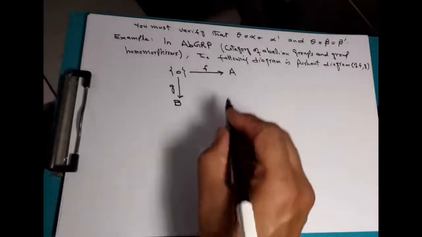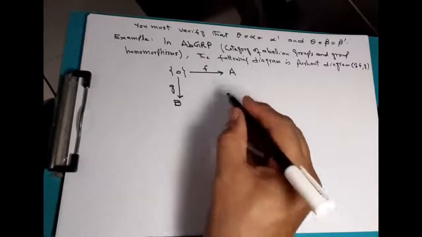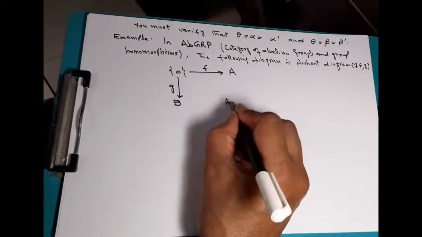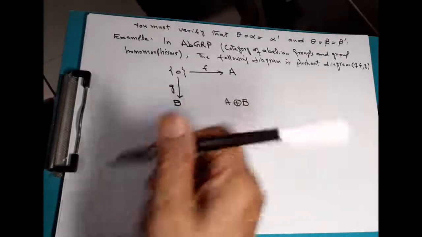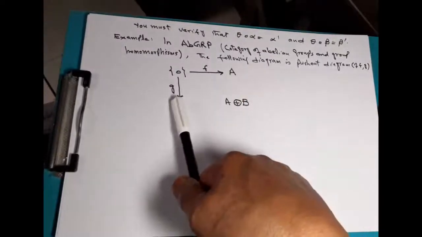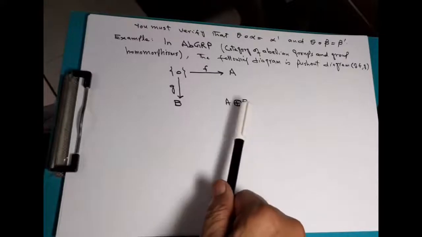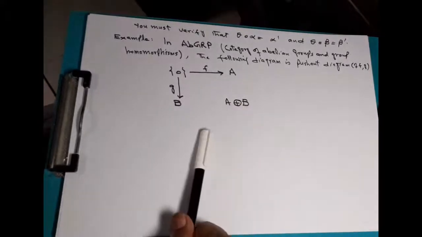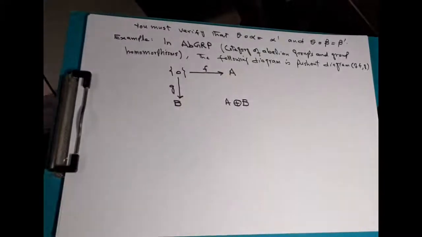It is important to know what object we are going to have at this place. At this place we are going to have the object A plus B. This is the direct sum of A and B, a very simple group, which is just the Cartesian product of A and B with a certain universal property. It is easy to see that the elements of A plus B are ordered pairs whose first elements are from A and second elements are from B, and the binary operation is given pointwise, and you know this construction very well.